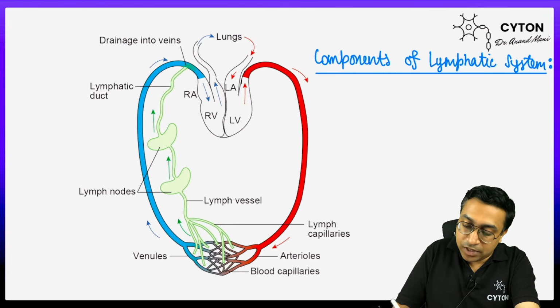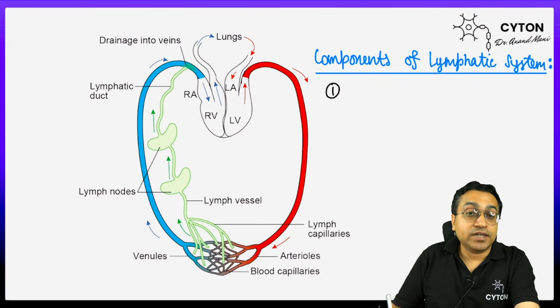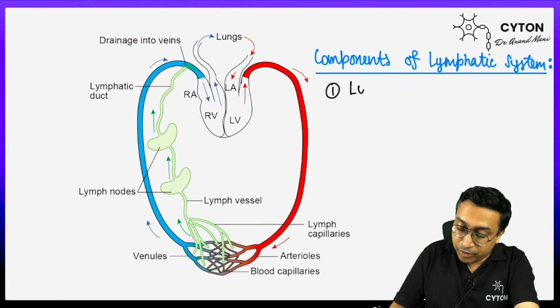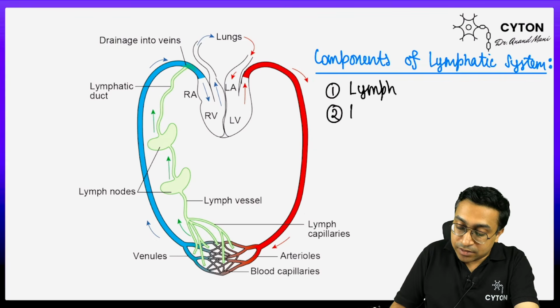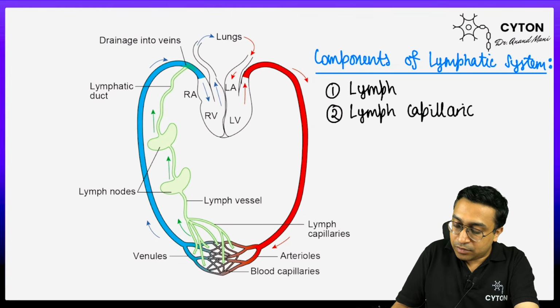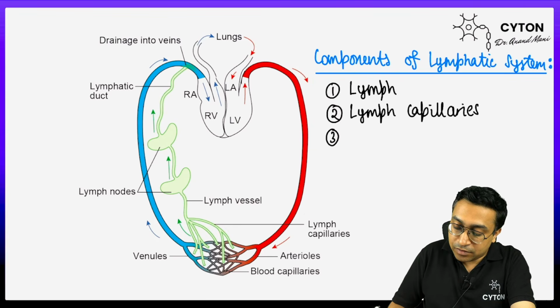You can see most of them on the image. Number one, the lymph itself, very important. Number two, the lymph capillaries, and number three, the lymph vessels.